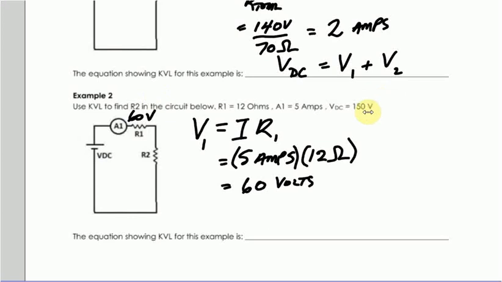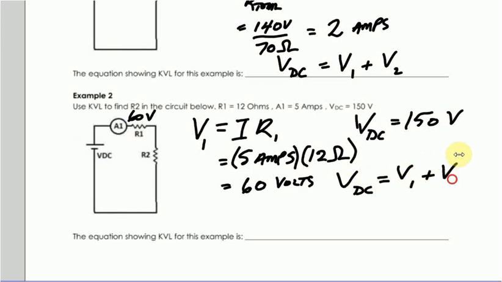Well, since I know that VDC is 150 volts, that's the voltage of the source, I also know that VDC is equal to V1 plus V2.